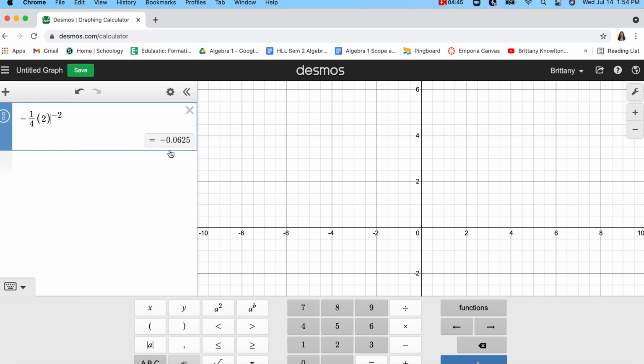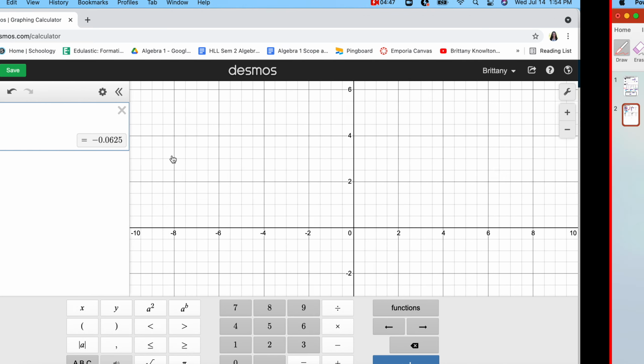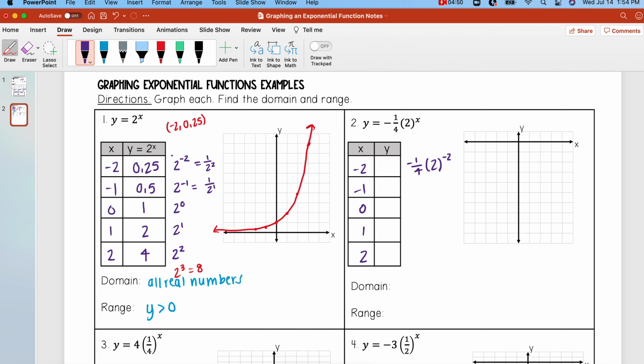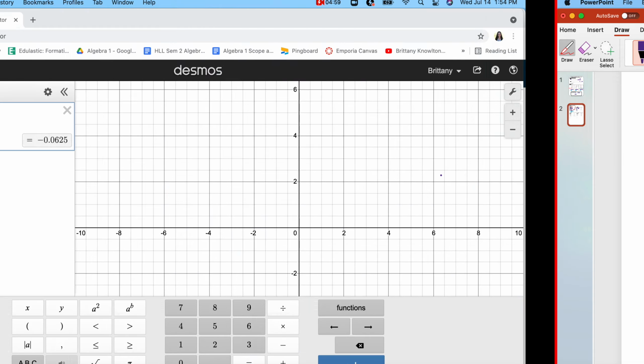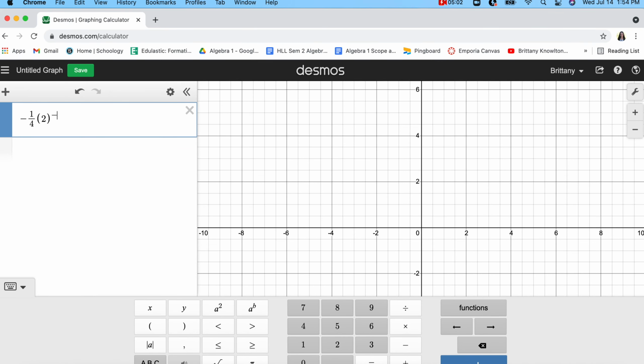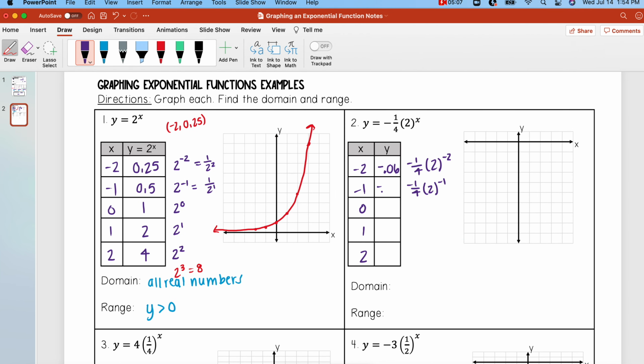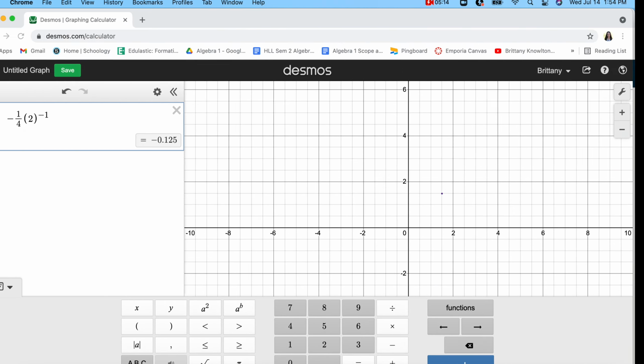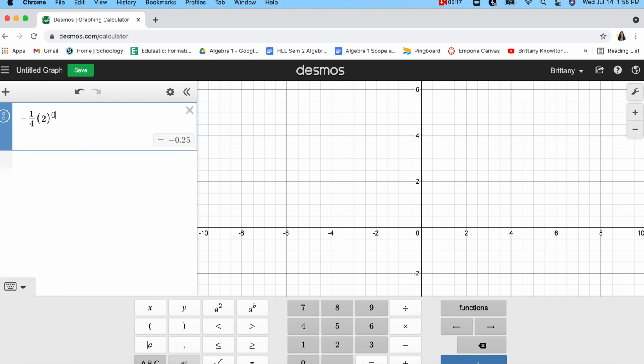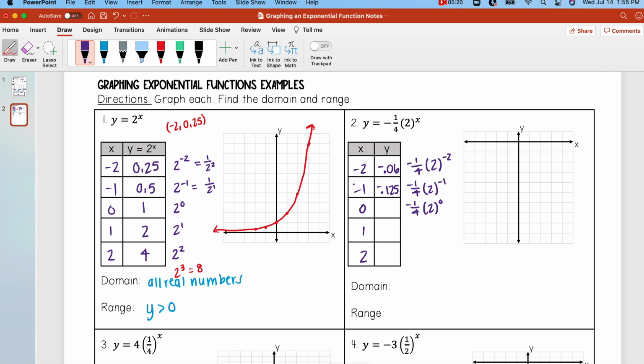And I get that this is -0.06. Next, I want to plug in -1 for x, so I change that to -1, and I get negative 0.125. Now I can put in 0, and I get negative 0.25.